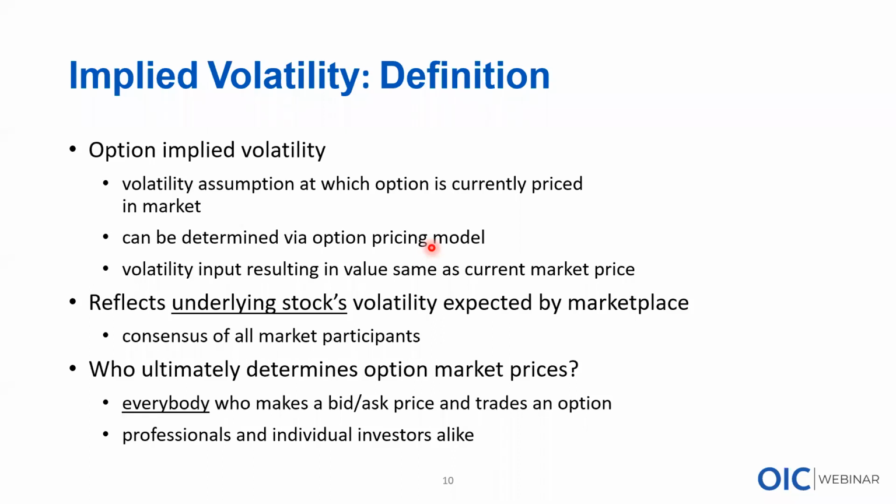You enter in the stock price, the strike price, the days to expiration. You have to enter in an implied volatility assumption. And then if there are any dividends or risk-free interest rates, you add all of those inputs, go into the pricing model, and then the output is a theoretical options price.